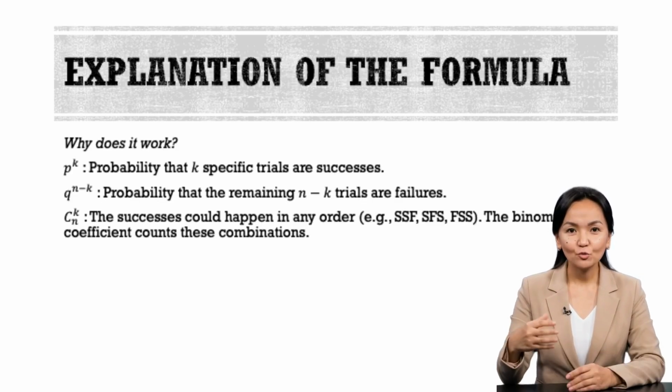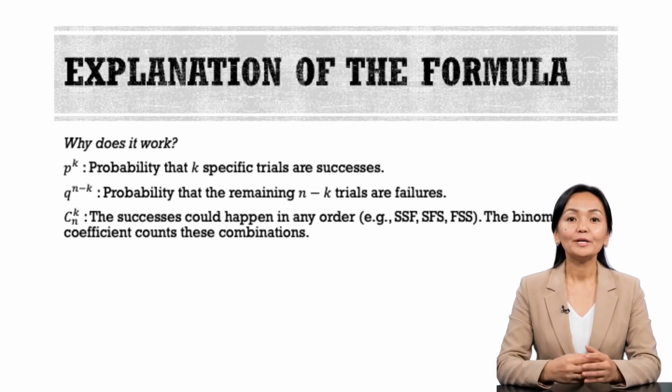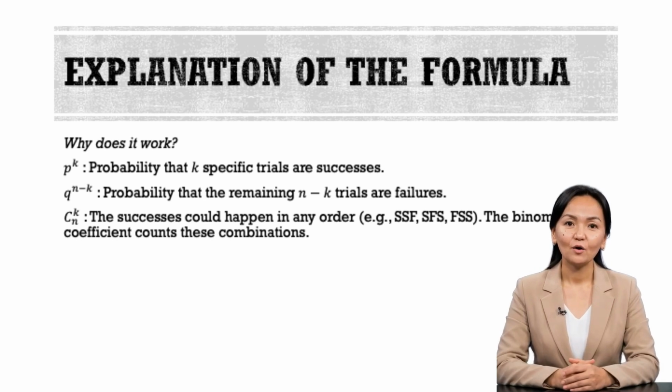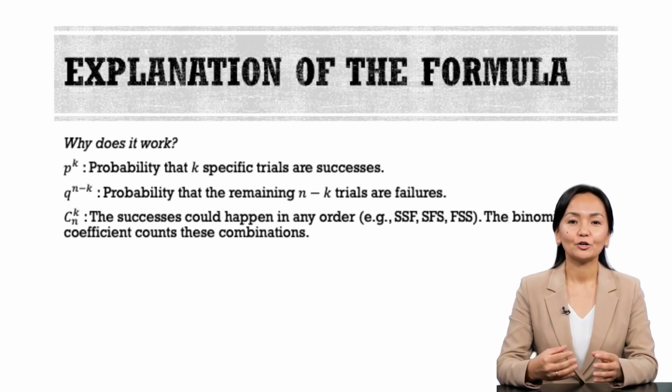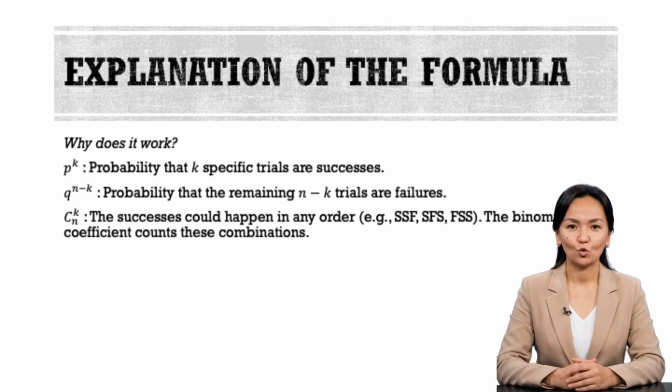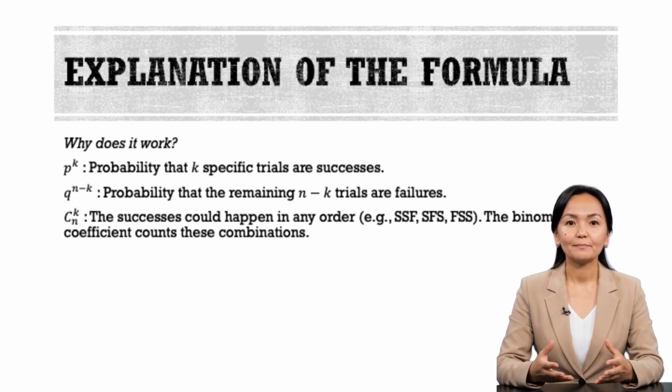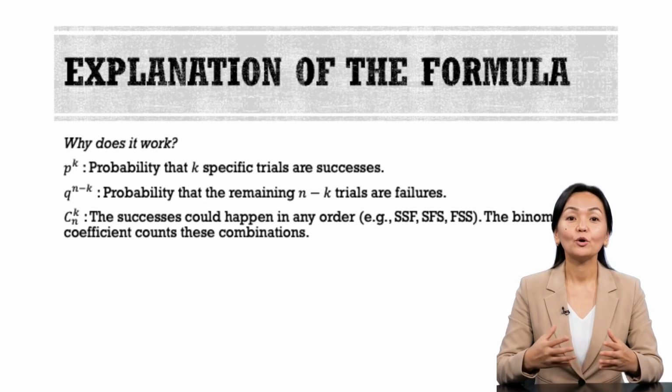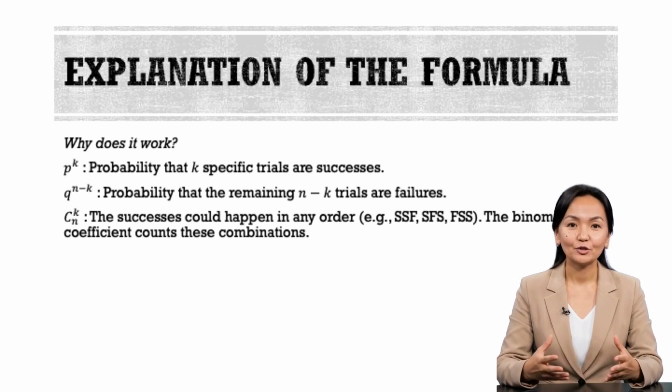But why does this formula work? Let's think about it intuitively. The term p to the power of k represents the probability that k specific trials all result in success. The term q to the power of n minus k represents the probability that all remaining trials result in failure. But the successes don't have to occur in any particular order. They could be scattered among the trials in many different ways.